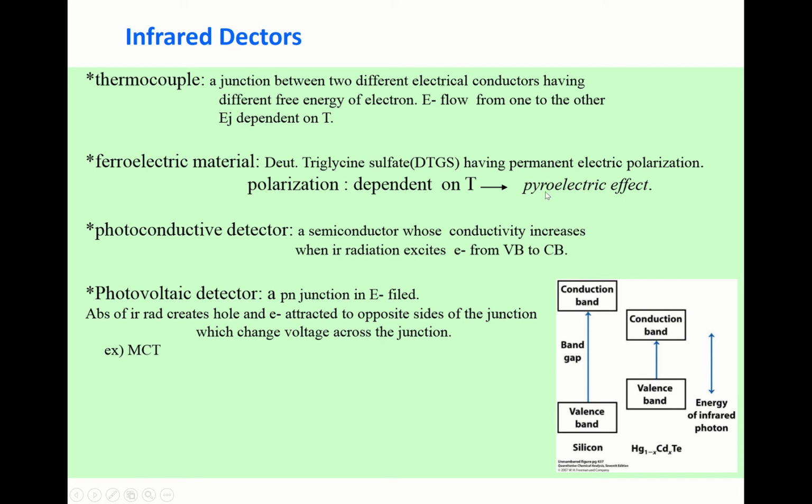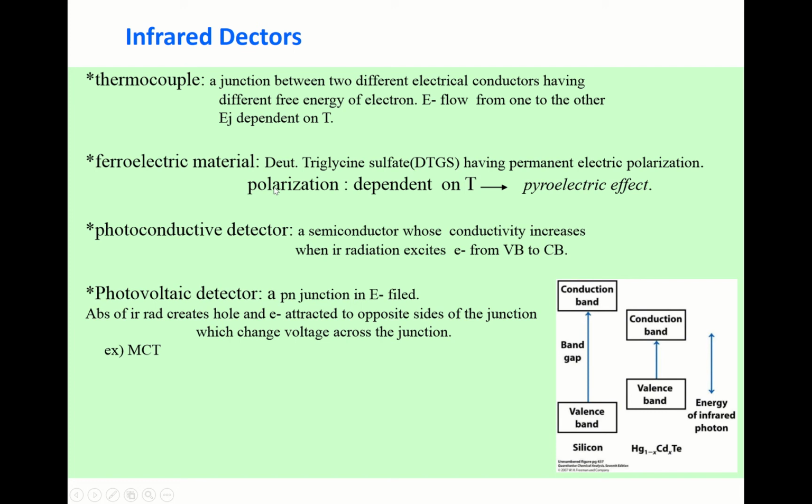Pyro means heat, so it is a heat-electric effect. As you know, when an object is irradiated by infrared, the object's temperature increases. Using that phenomenon, the pyroelectric effect, you can detect IR.